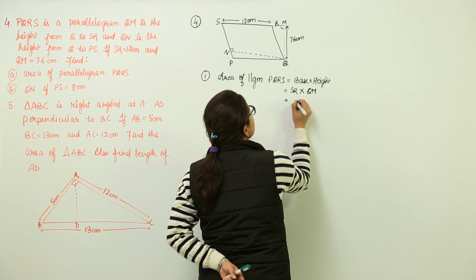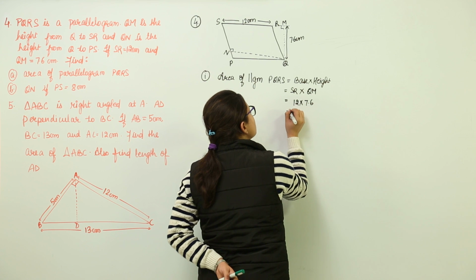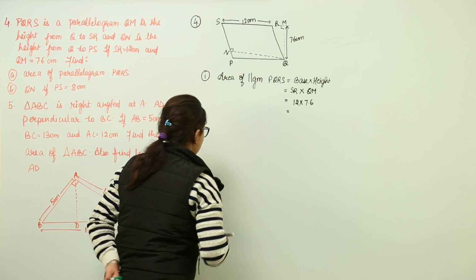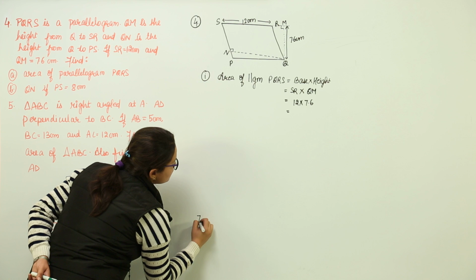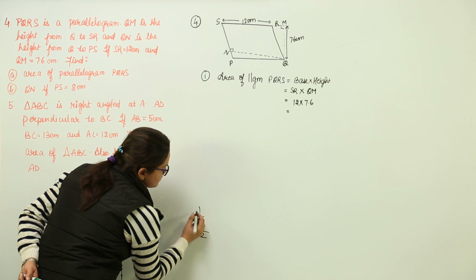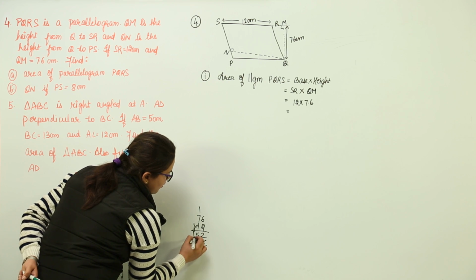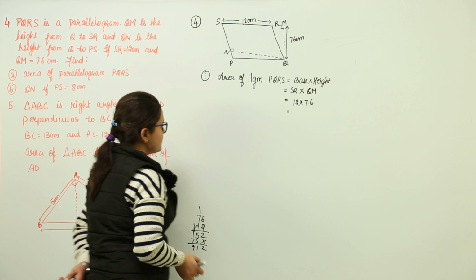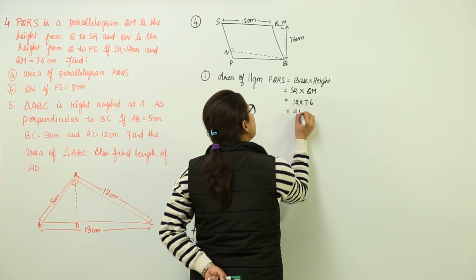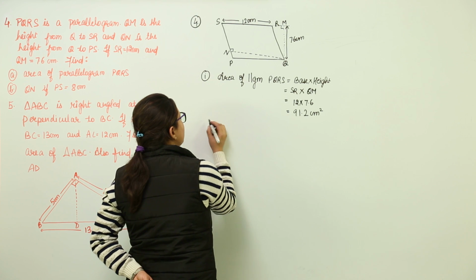Therefore, we are going to get the area as 12 into 7.6. That's going to give us some value, and we'll do it over here. 76 into 12: 2 sixes are 12, 1, 2 sevens are 14 and 15, 6 and 7, 2, 11, 1, 7, 8, 9. We got 91.2 centimeters square as the area of this parallelogram.